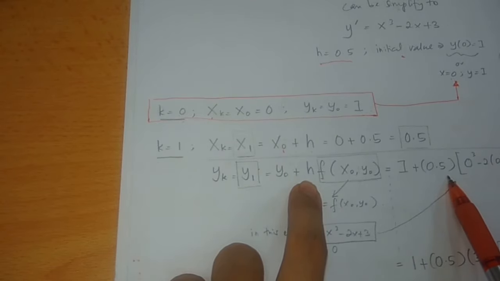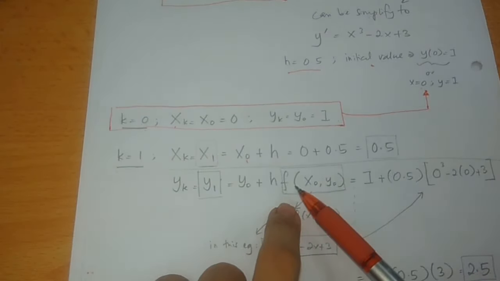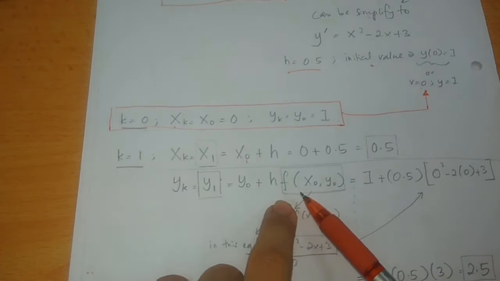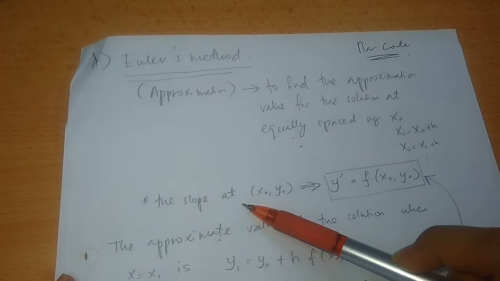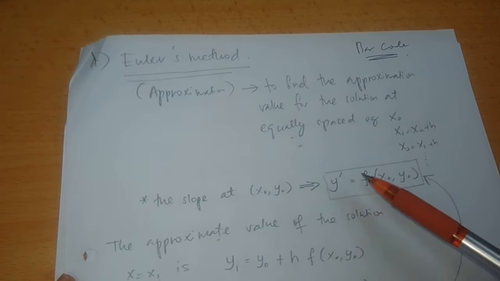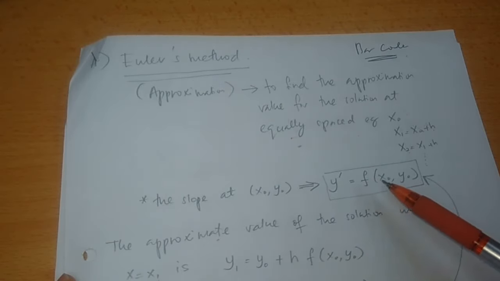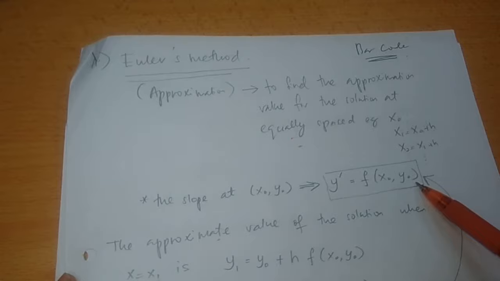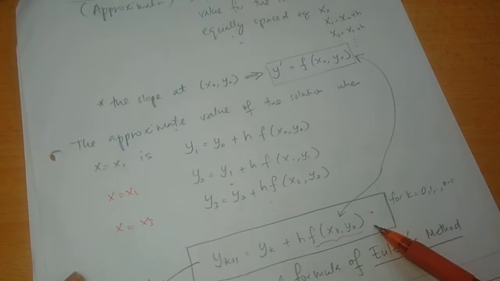So you may be asking me, what about this value? Remember that I showed you before that the slope at x0, y0 is this one. We make y prime equal to f(x0, y0). So where do we get that? That is from the question.